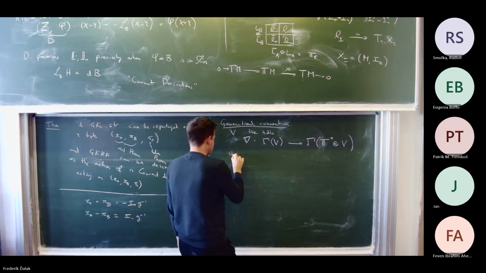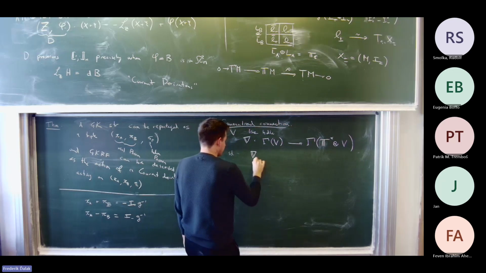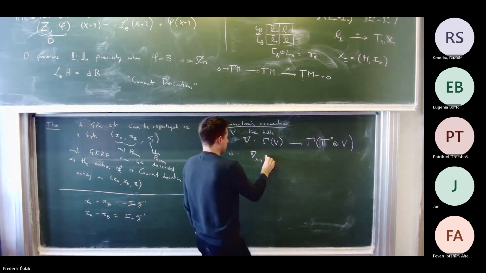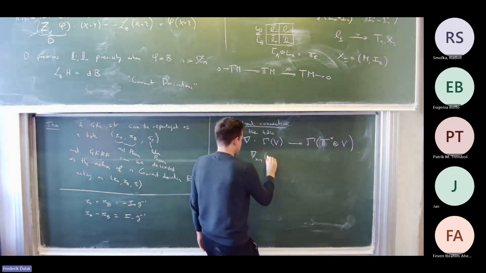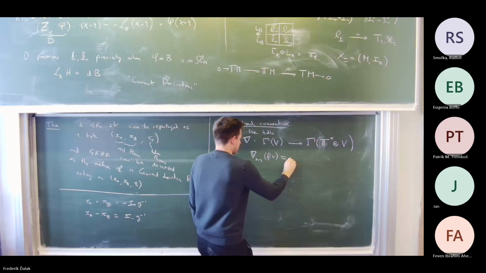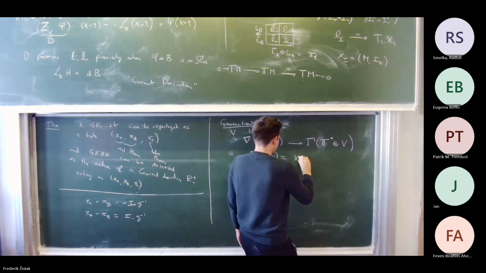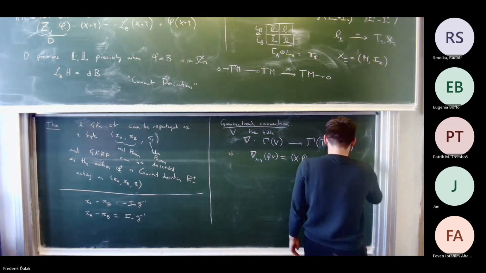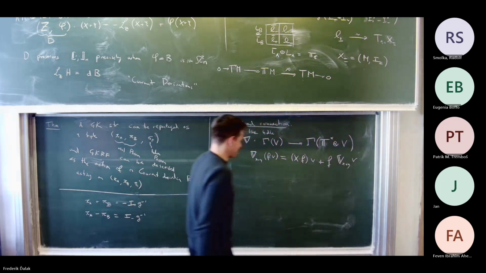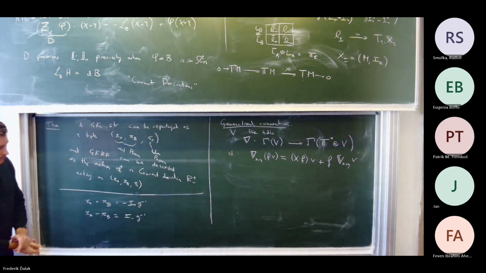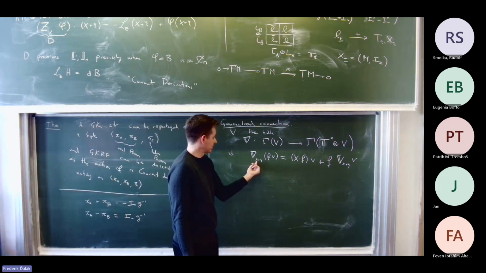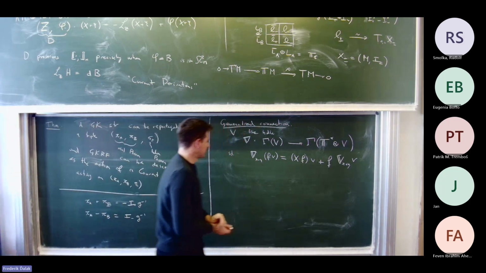Such that it satisfies the Leibniz rule, where if I differentiate some f times b, this is going to be f times the derivative plus the derivative of f times b, so that only the vector component of this element maps on functions.